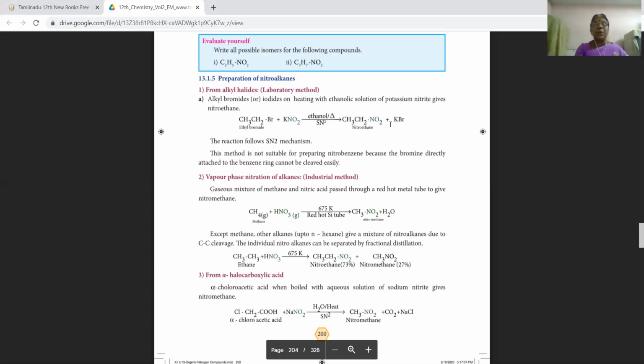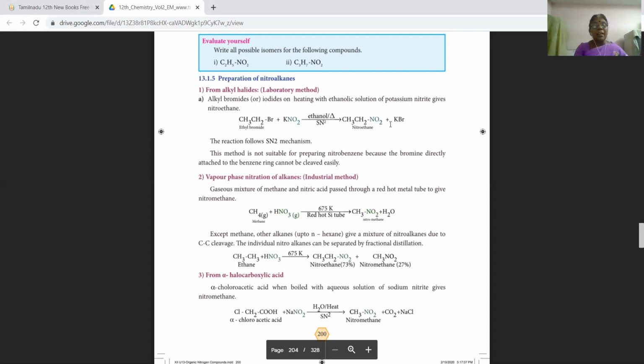So you will get nitroethane. This reaction follows the SN2 mechanism. This method is not suitable for preparing nitrobenzene because the bromine directly attached to the benzene ring cannot be cleaved easily. Cleaved means broken easily.